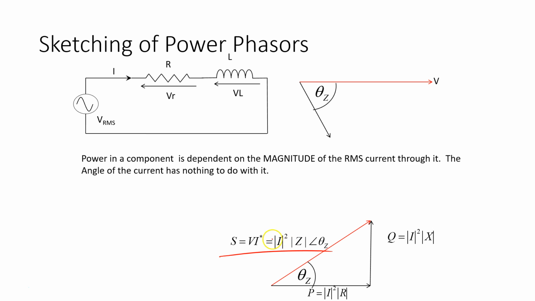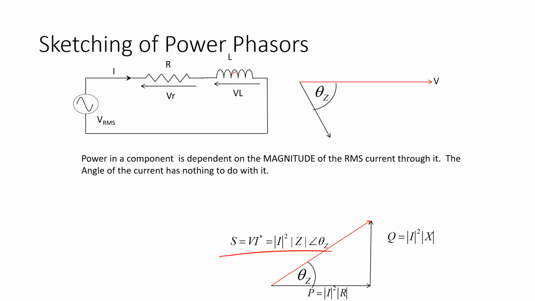I have the magnitude of I squared here multiplied by the magnitude of Z with an angle of theta Z. So I have that, or I could look at it as the real power is I squared R. This is the RMS current multiplied by R, the magnitude of the RMS current multiplied by R. And the reactive power is the magnitude of I squared multiplied by XL, which would be the inductive reactance.